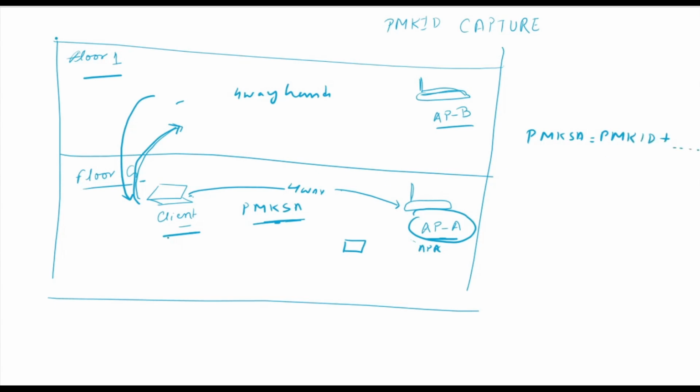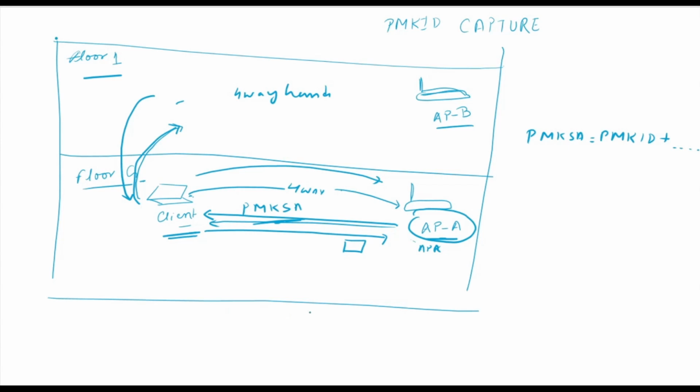When the client comes again to the ground floor, the access point will ask the client for its PMKID. The client will share the PMKID and the connection will be established without any four-way handshake. Hope you understand how it happens without any four-way handshake.